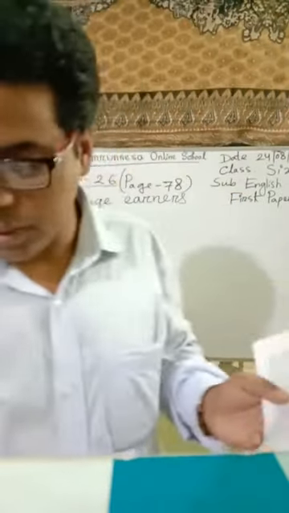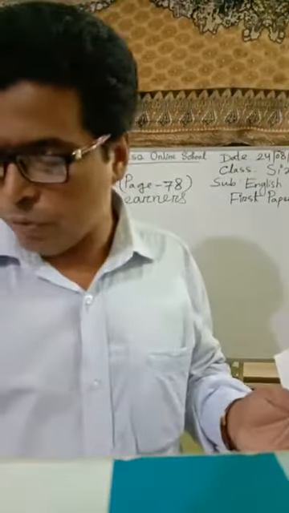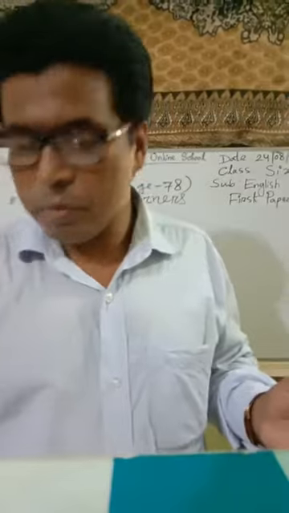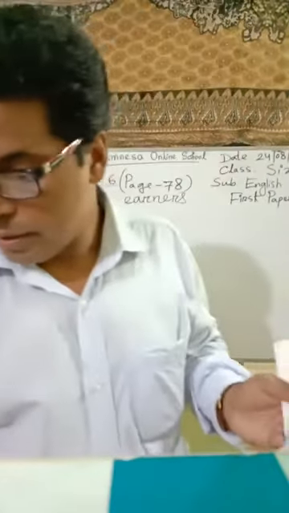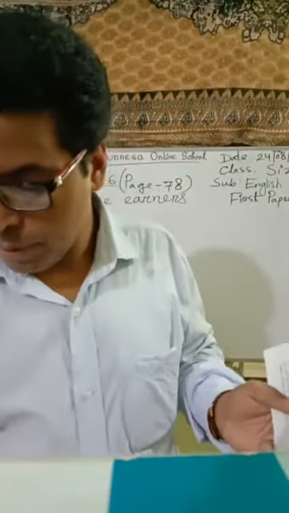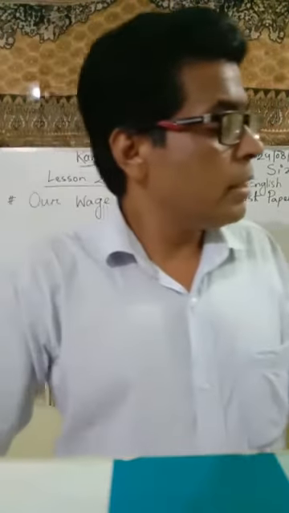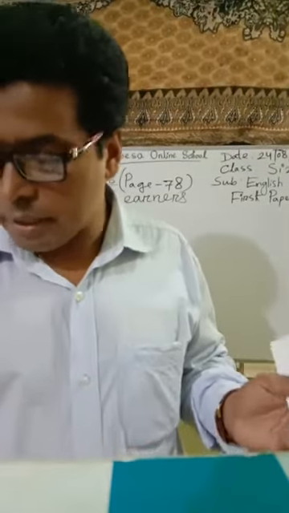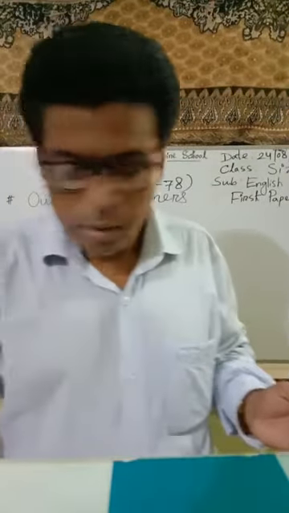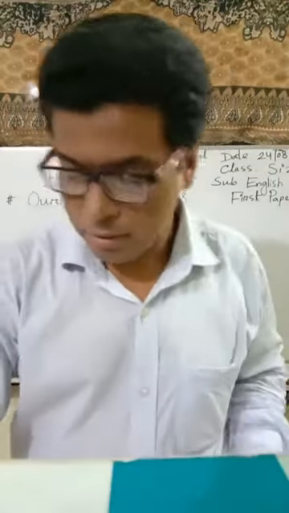Abroad means in or to a foreign country or a thing which is related to foreign. This is abroad, and foreign, this is an adjective, that means external or alien, and some words we will find here.